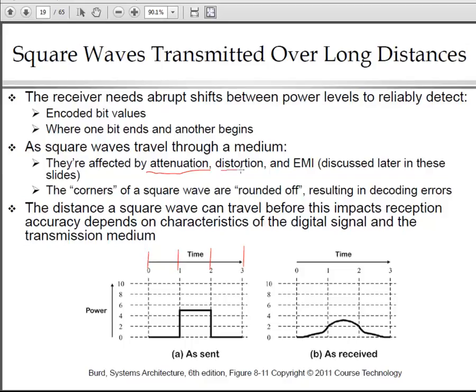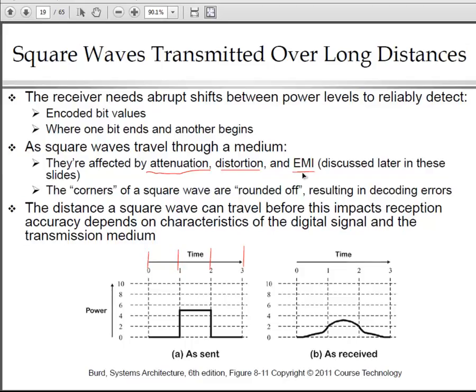Another possible thing is distortion. The signal may interact with the medium in a way that changes the signal. Another one is called electromagnetic interference, assuming we're talking about an electrical signal. Radio waves, nearby transformers, two lines carrying different data streams running right next to each other.